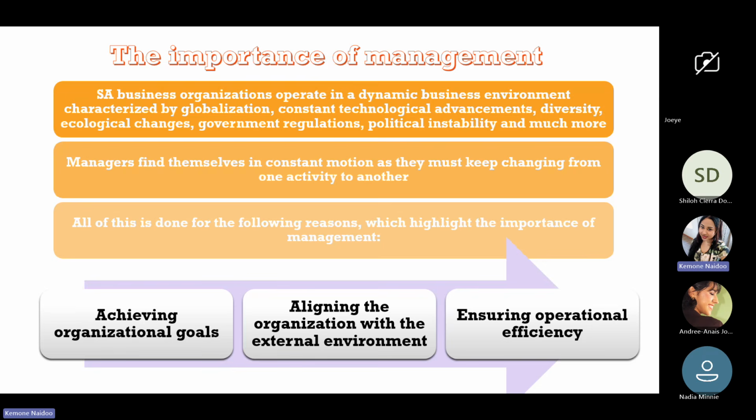We have to pay careful attention to the economy and the economic recession, with prices going up and fuel going up. All of this is going to take a massive toll on businesses because they are ordering stock, making deliveries, and buying from suppliers. So when management knows what is happening in the external environment, they're able to better align the entire organization as a whole.